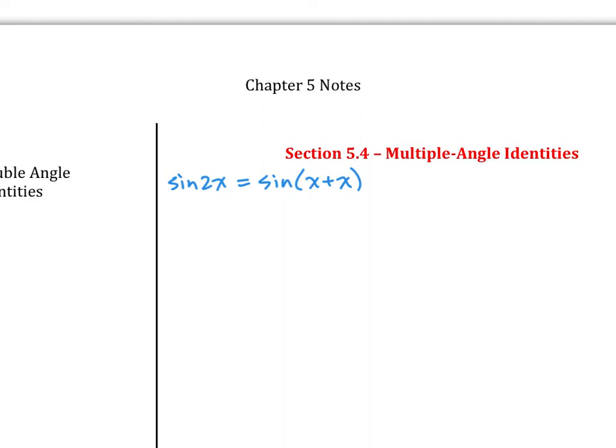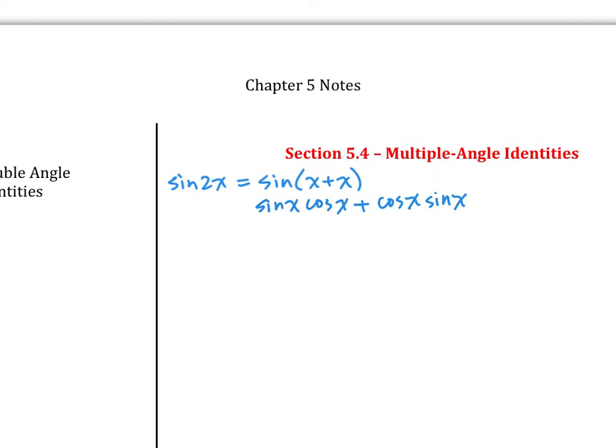So we know that the sine sum formula, remember, is sine, cosine, cosine, sine. So this is sine, cosine, plus, because the original formula is plus, cosine, sine. Now you can see that it's sine, cosine and then cosine, sine, because the angles inside were all x's.